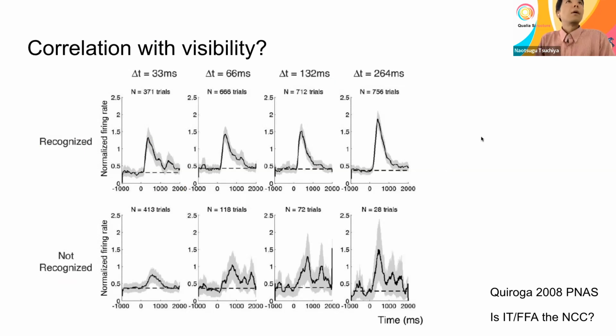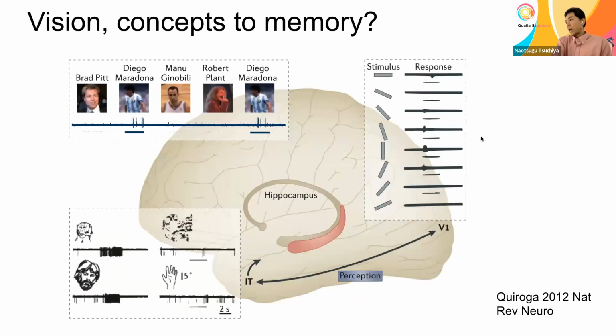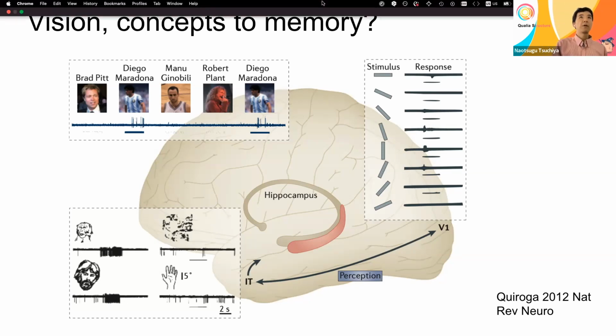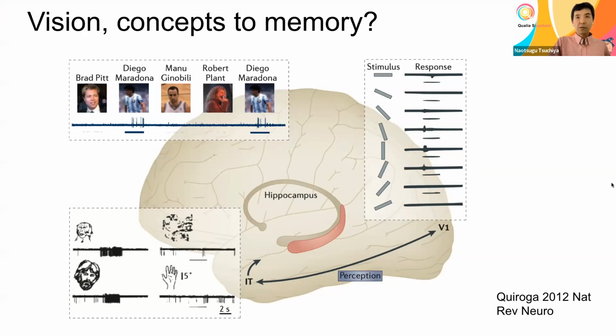Okay, so that leads to the question about vision, concepts, and memory, and their relationship. Here's a standard model among vision, concepts, and memory proposed by Quiroga. He is the person who has been doing this single neuron recording from patients, mostly in the area around the hippocampus.